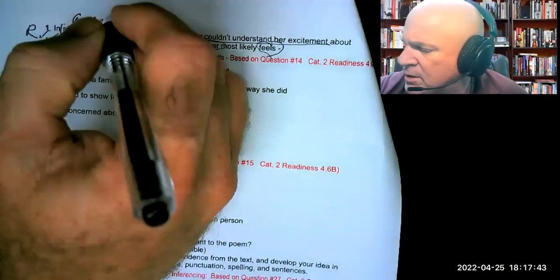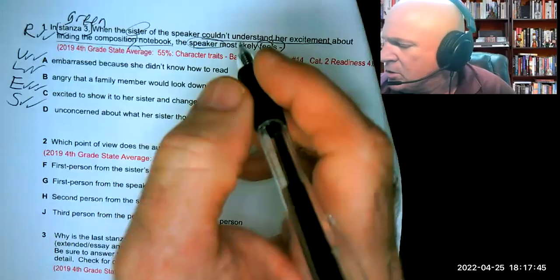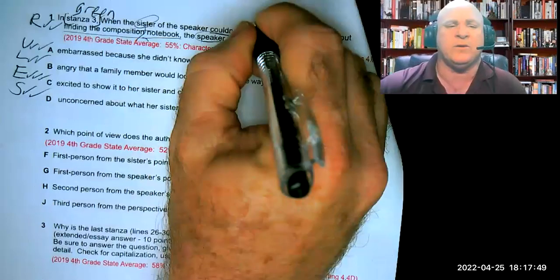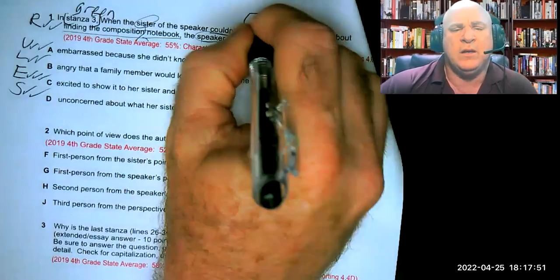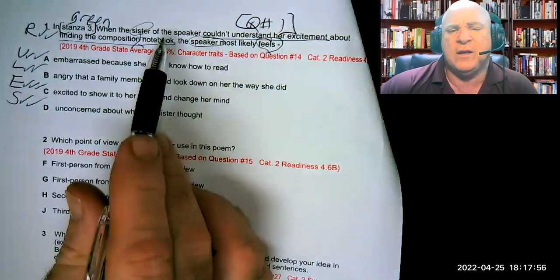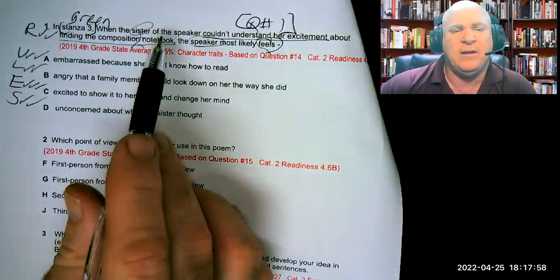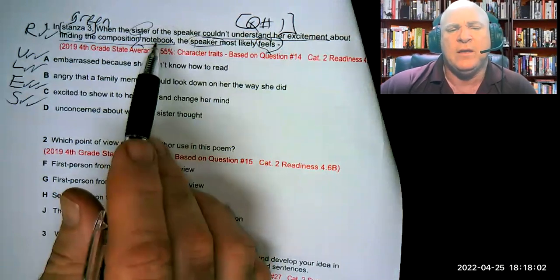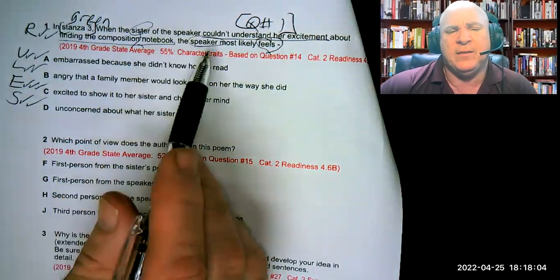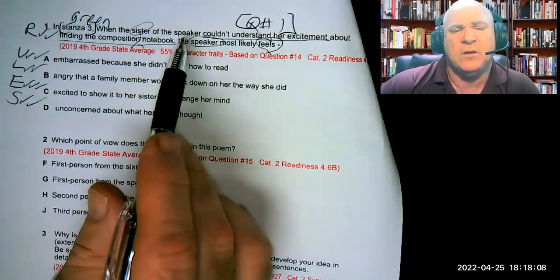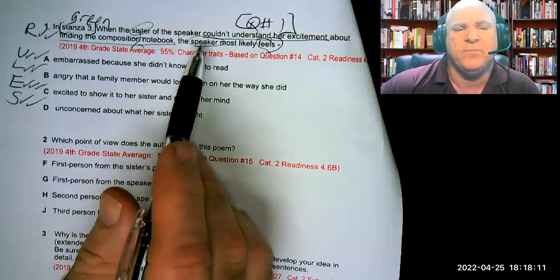I'm going to put a Q number 1 right here, so that when we go over there to stanza 3, we see the sister, the subject of the speaker, not understanding her excitement about finding the composition notebook, the speaker feels. Even though the speaker is the first subject, what the question is asking about is our second subject.